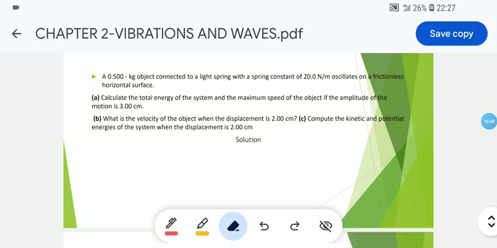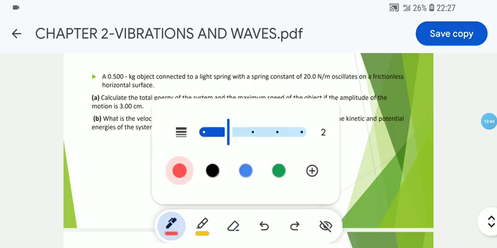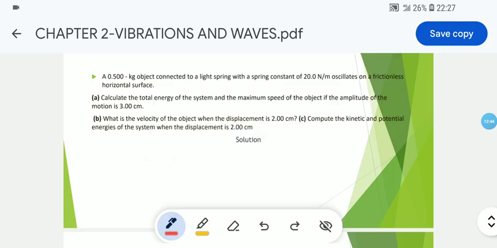Calculate the total energy of the system, which is the mechanical energy, and the maximum speed of the object if the amplitude of motion is 3.0 centimeters, so x is equal to a.